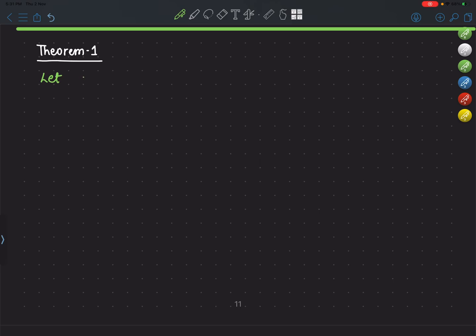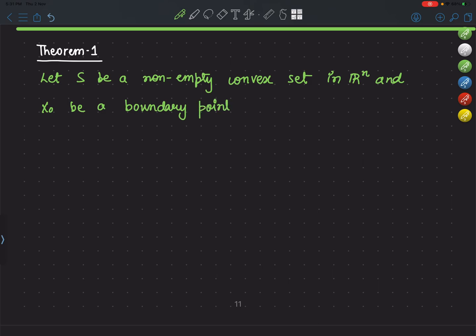Let S be a non-empty convex set in Rn and x0 be a boundary point of S. Then there exists a hyperplane that supports S at x0.